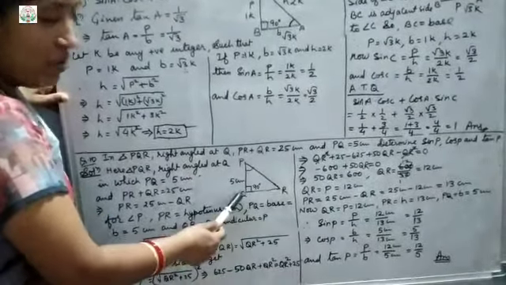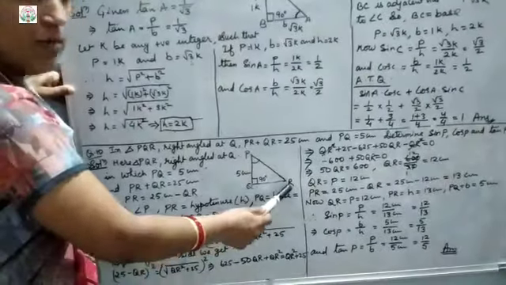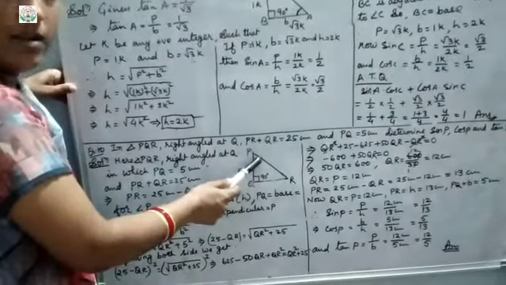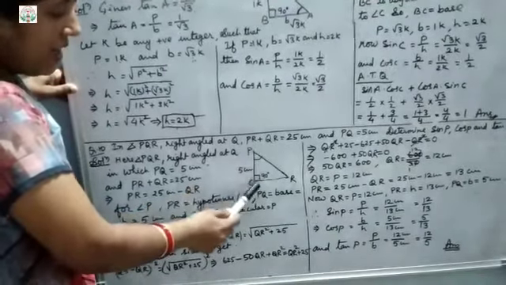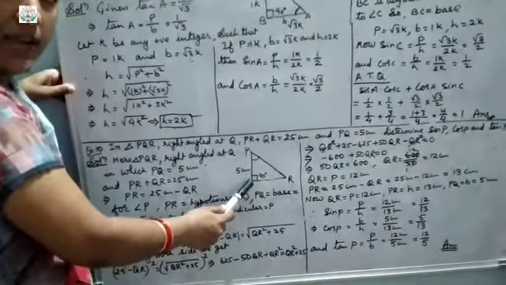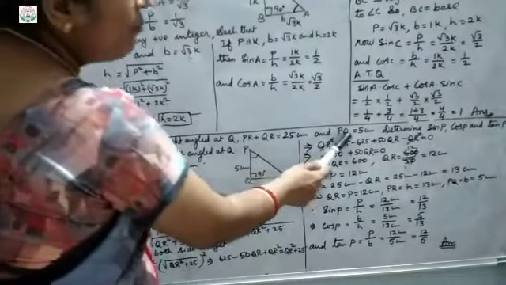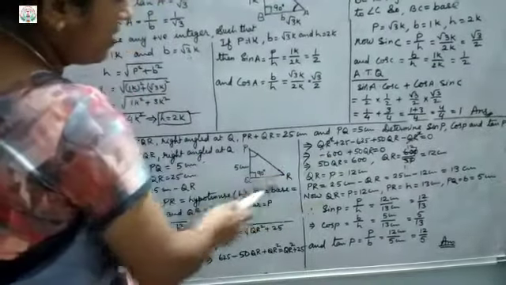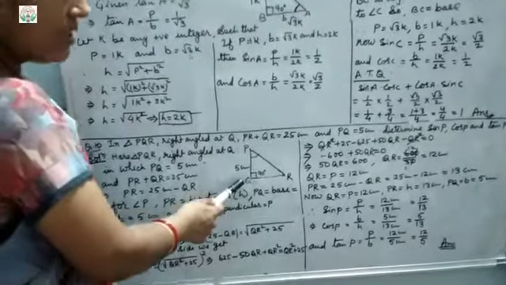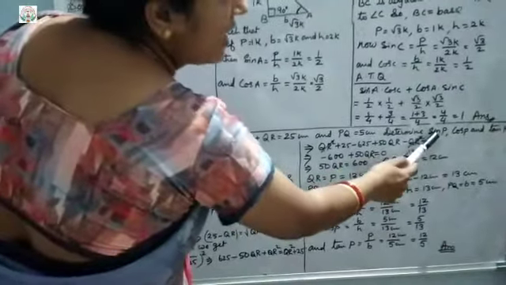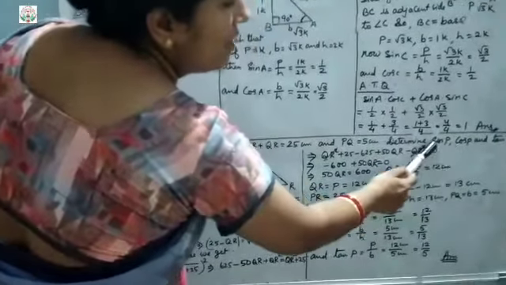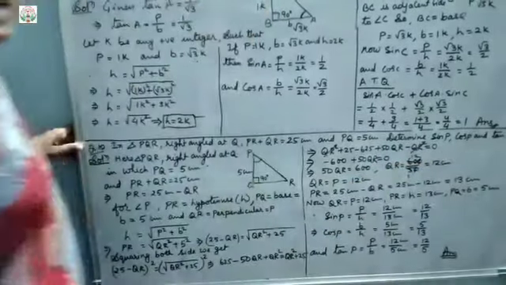Then PQ equals 5 centimeter, that means the base is 5 centimeter. Then find sin P, cos P and tan P.